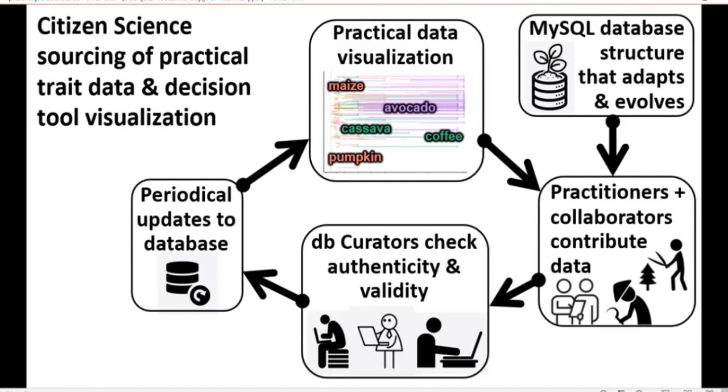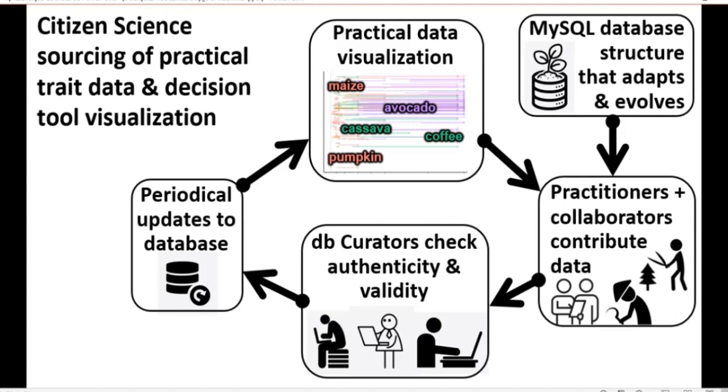and species in there. And then we have a team of database curators who check the authenticity of the contribution to avoid pollution of bots and all these other kinds of factors that easily can pollute databases which are open to citizen science contributions.